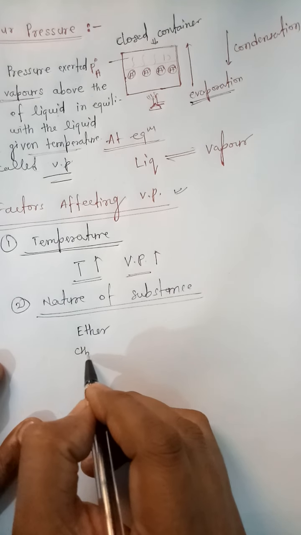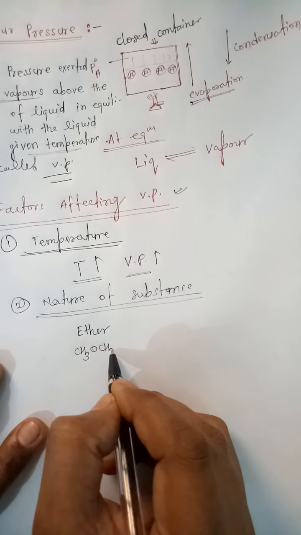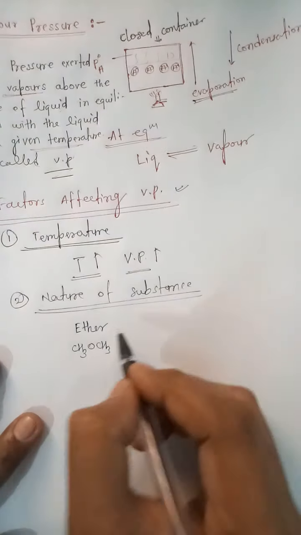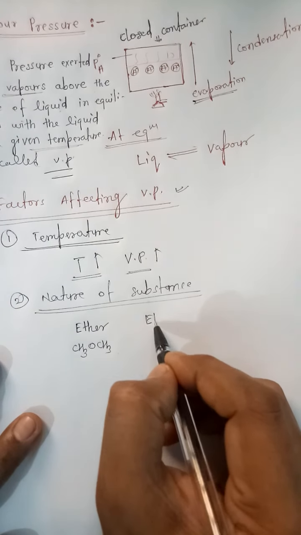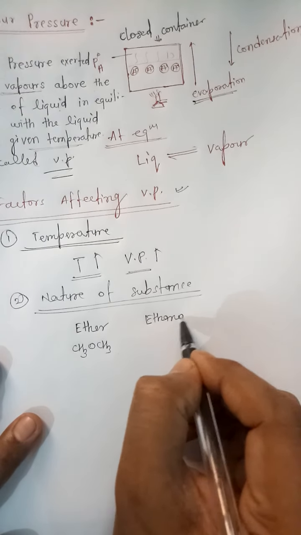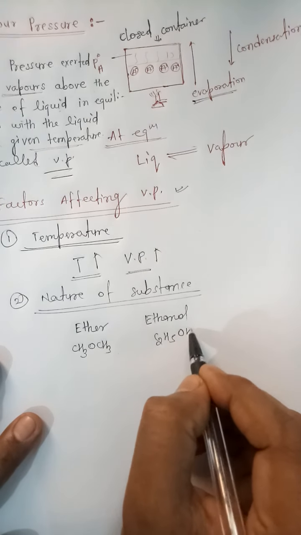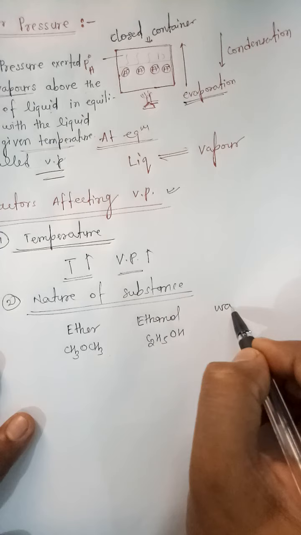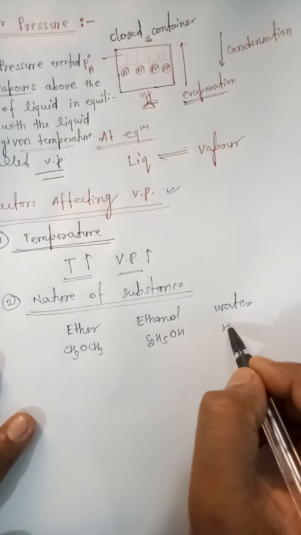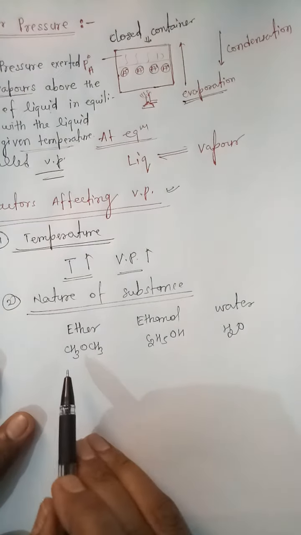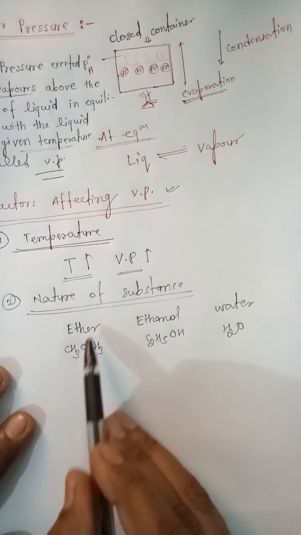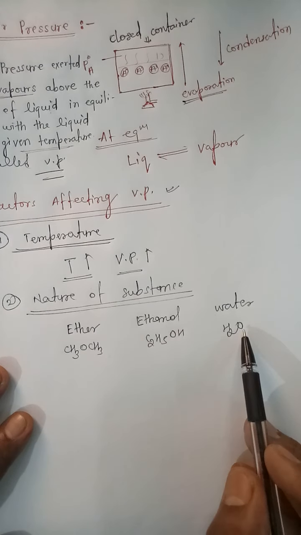Examples I'm taking here: CH3OCH3, which is dimethyl ether, ethanol having formula C2H5OH, and water. So we have taken three types of liquid: ether, ethanol, and water.